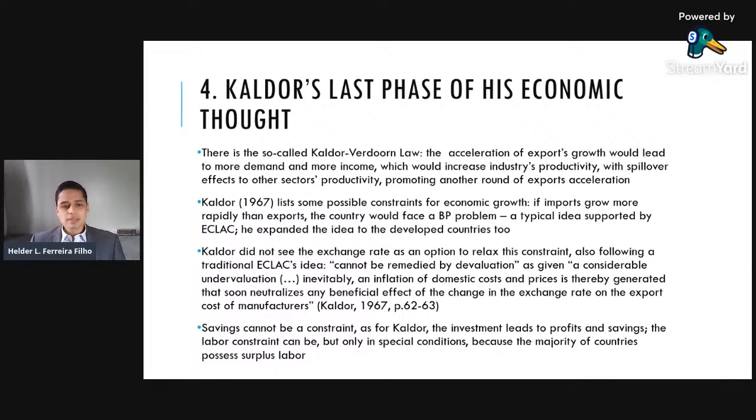For him too, savings cannot be a constraint, differently from earlier in his career. Investment leads to profits and savings, and the labor constraint can exist, but only in special conditions, because the majority of countries possess surplus labor in agriculture, informality or services.